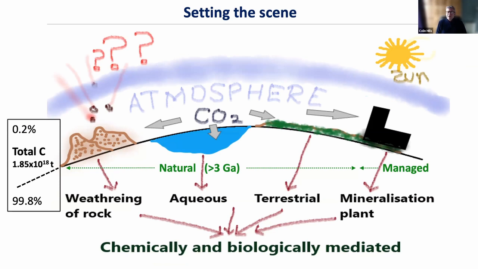What we want to do is to take it into a factory represented by this black box on the right-hand side there, where the CO2, which either comes from the atmosphere or from emissions, is mineralized, and our approach is using industrial process waste as the substrate to mineralize the CO2.